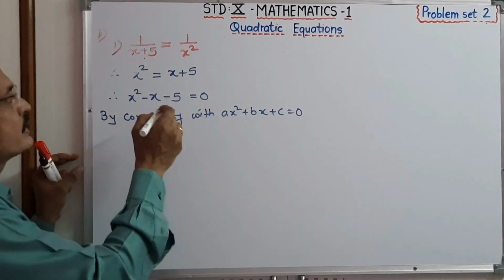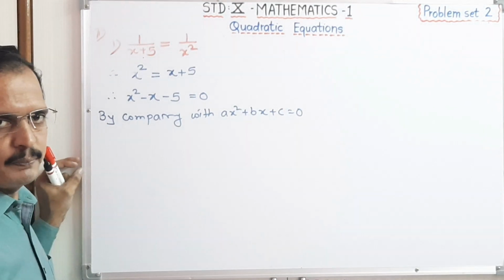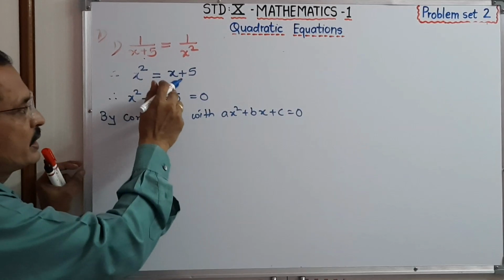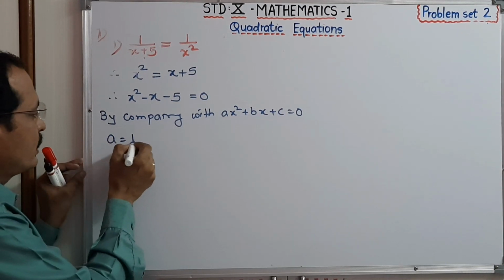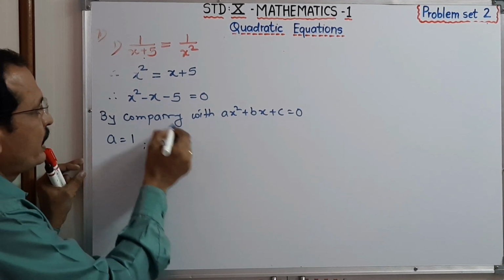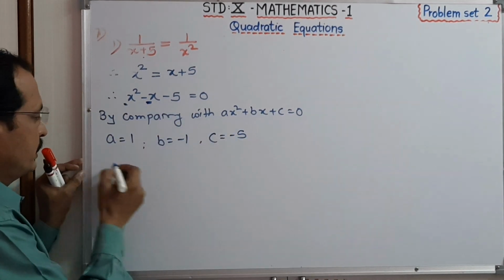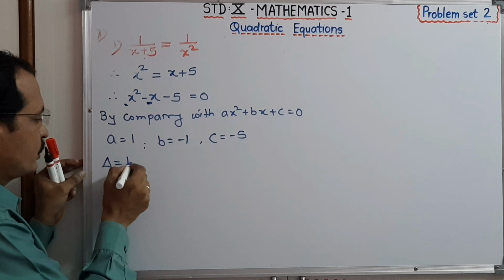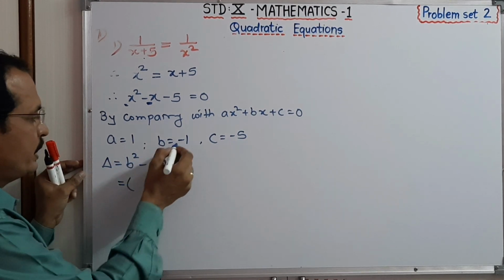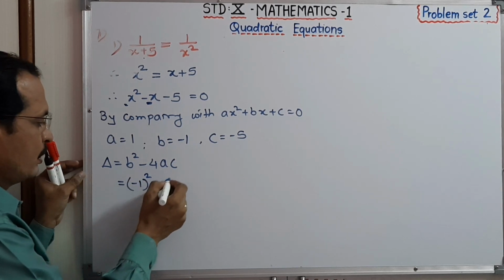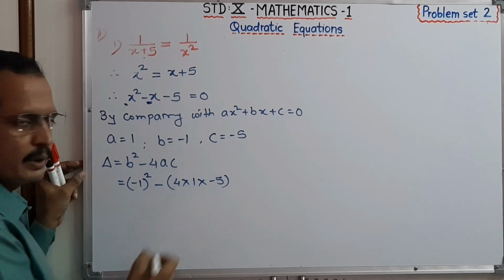Now in this sum, this cross multiplication is an important step. If we make the cross multiplication, then it is in a simple form. Now a is equal to 1, then b is equal to minus 1, and c is equal to minus 5. Therefore delta is equal to b square minus 4ac is equal to minus 1 square minus 4 into 1 into minus 5.